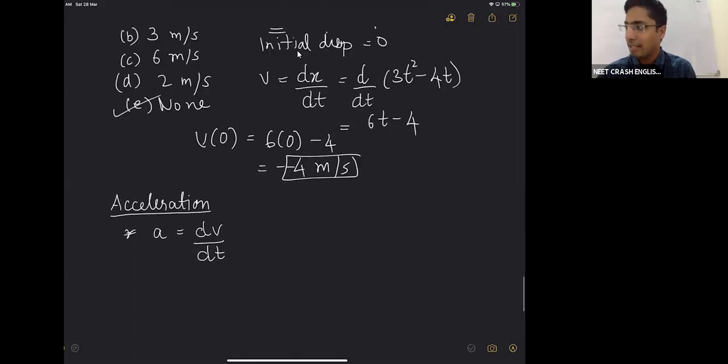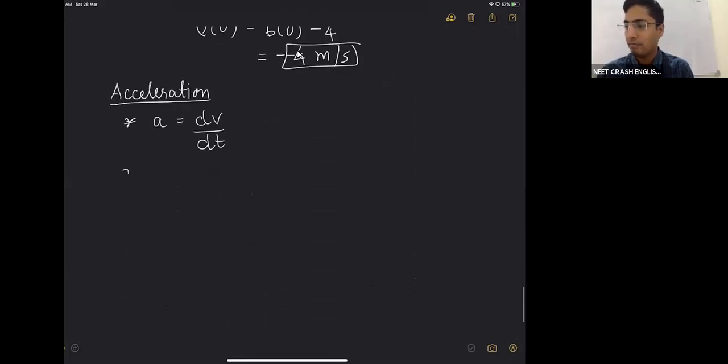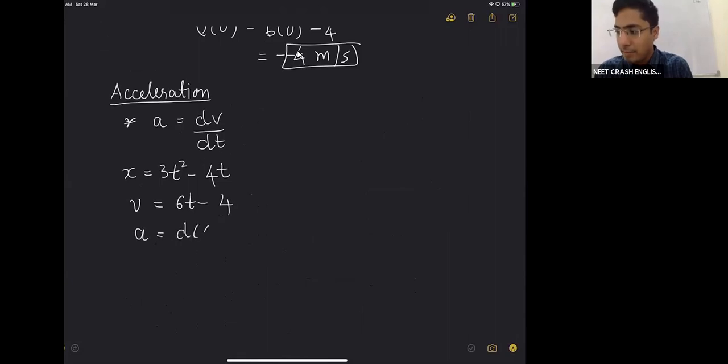Let me take the same example, x is 3t square minus 4t. If I want to find the acceleration, first I will find v. v was 6t minus 4. Then I will find a. a is d of 6t minus 4 by dt, which is 6.